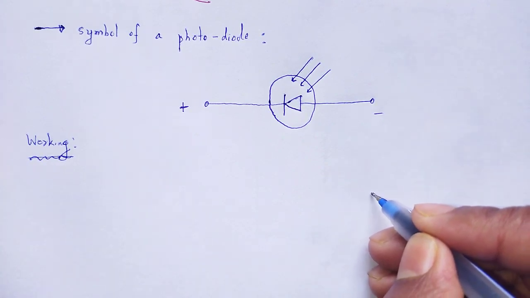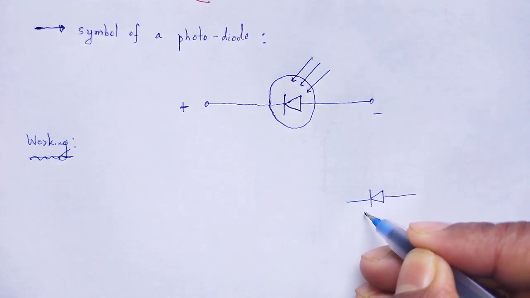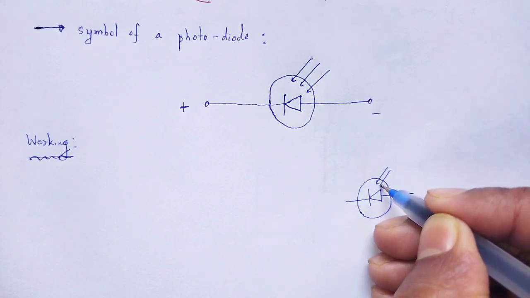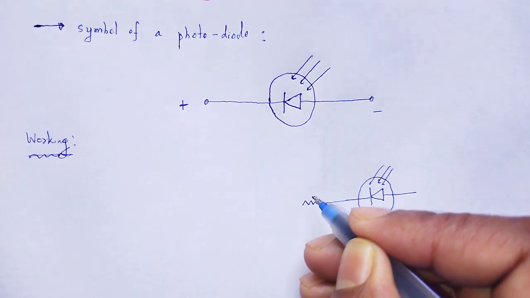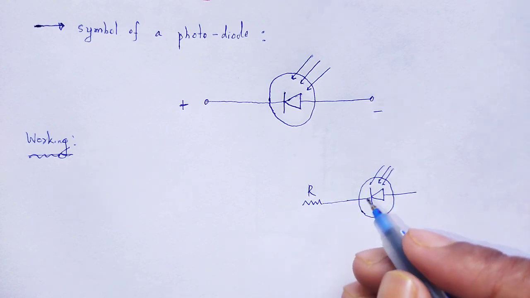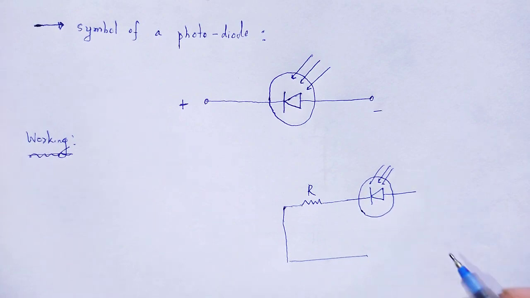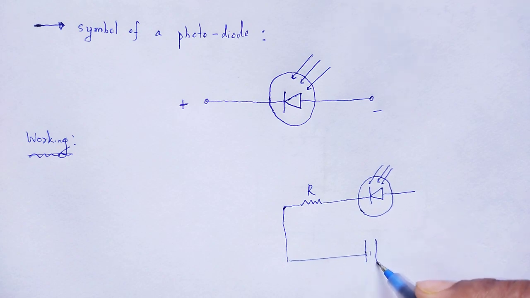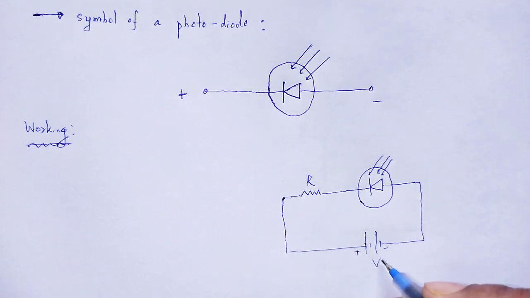So here is a photodiode, with a resistor having resistance R connected in series. The n type is connected to positive potential and p type is connected to the negative terminal of the external potential.